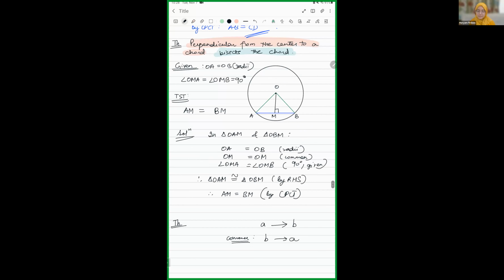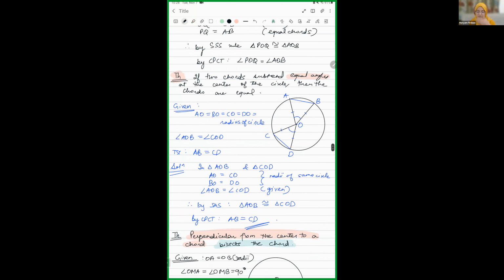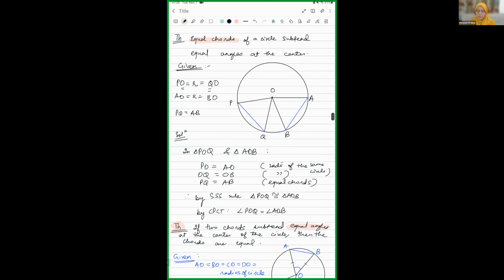For example, in the previous question, the first theorem that we did was equal chords of a circle subtend equal angles at the center, meaning that it was given to us that these two chords PQ and AB are equal, and we had to show that these two angles are equal.